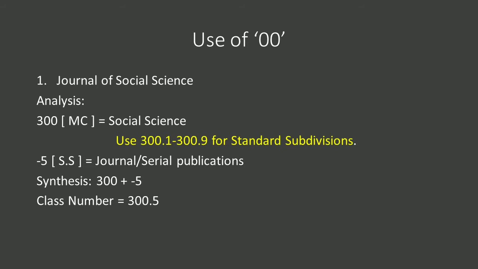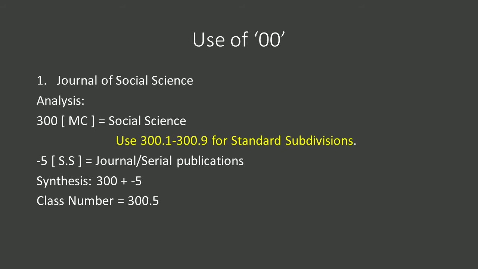Here is the example, Journal of Social Science. This is a journal and this journal is about social science. We know that the notation of social science is 300 and it is a main class. That is why I have written 300 in square brackets, MC. MC means main class equals social science.